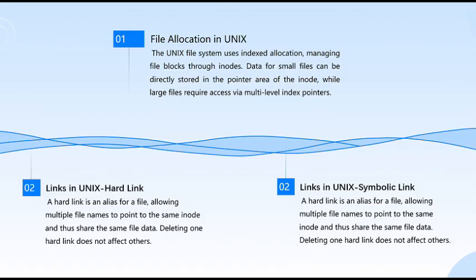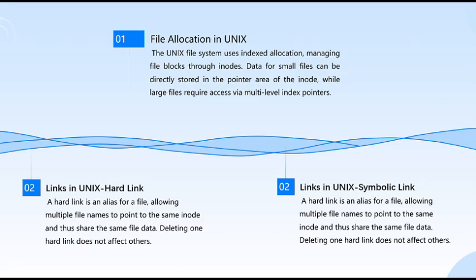And then is file allocation in Unix. Unix employs indexed allocation, and small files fit directly in inode pointers, while large files use multi-level index pointers for efficient data access. And then is links in Unix.